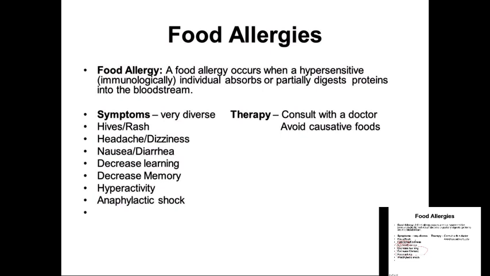So there's a variety of symptoms of food allergies, but really it's anytime you put a protein in the body or a foreign antigen that the body doesn't like, or any type of antigenic load, the body can react to it in a variety of ways.